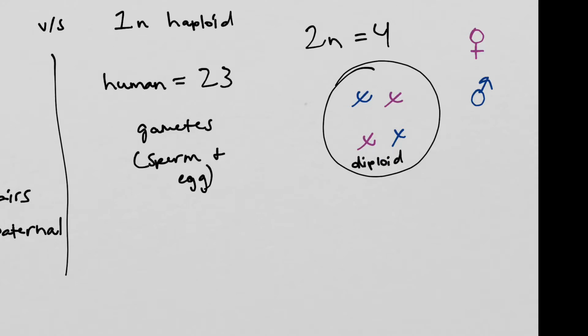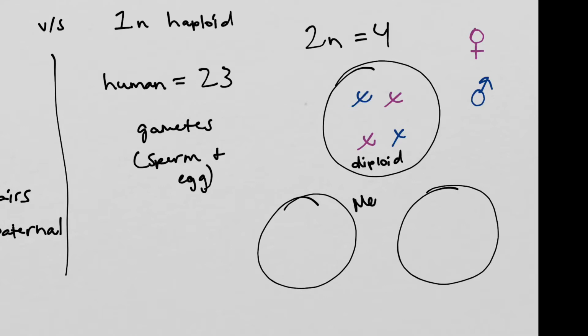I'm not going to show crossing over yet. We're getting ready to look at that in a lot of detail. But I want to show you what happens next, just to make sure we have this whole diploid haploid thing under control. Let's say the first round of meiosis happens here. What separates in the first round of meiosis? Homologous pairs, not just their chromosomes.